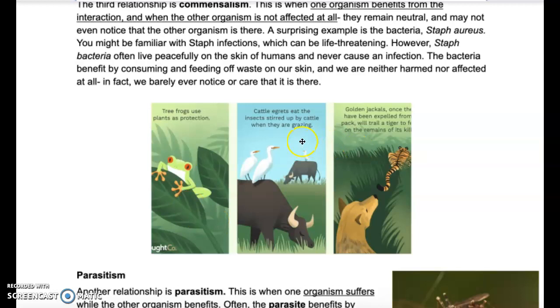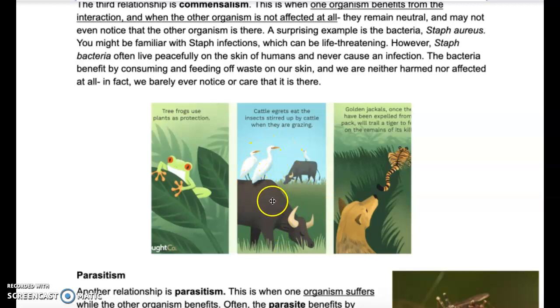Let's look at the second one. Cattle egrets, those little birds, eat the insects stirred up by cattle when they're grazing. So the egrets, these birds, get their nutrients from the insects that rise up out of the grass as the cattle are feeding. The cattle don't even notice that the egrets are there.